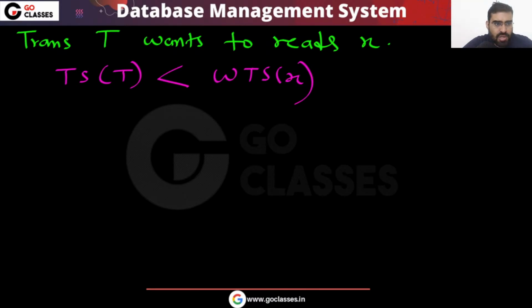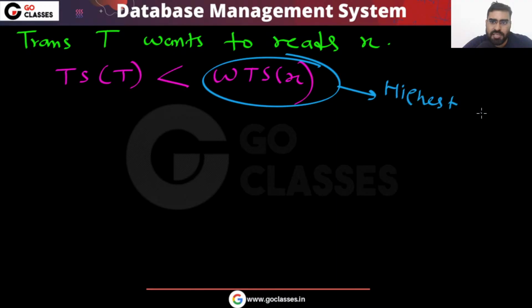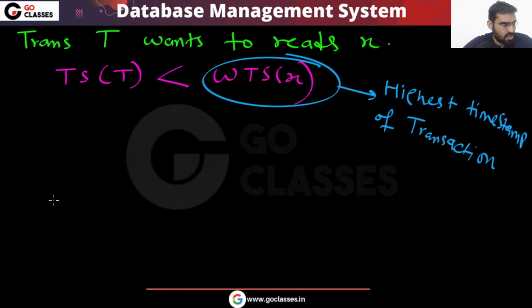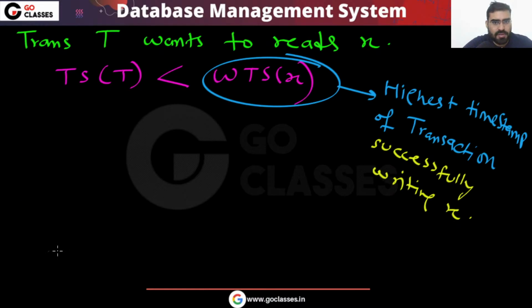So what is the diagram actually? WTS of X means the highest timestamp of a transaction successfully writing X. Now the question is saying that the timestamp of T is less than this.